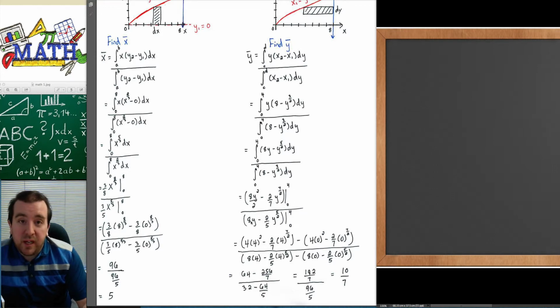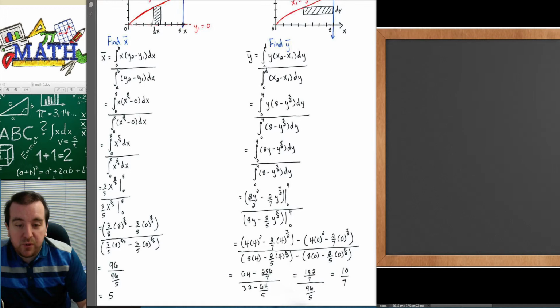So the denominator here, the integral of 8 is just 8y. The integral of y to the 3/2, that's add 1 to the power 3/2, and you get 5/2, and then divided by 5/2. But like I said, easier to work with if we flip that, so that becomes 2/5. Okay, so integrated from 0 to 4 as the numerator, same thing. So when we substitute here now, we'll substitute in 4s first.